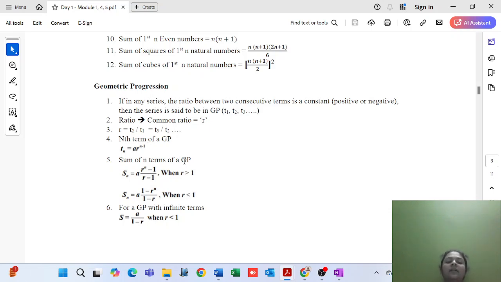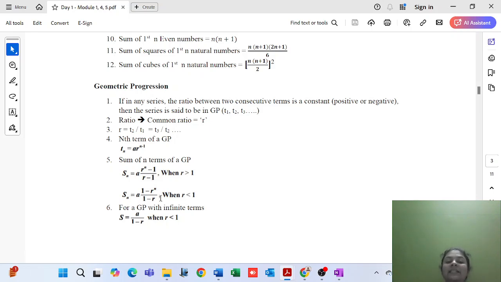Now if you look at the sum of n terms of a GP, there are two formulas. Where R is greater than 1, meaning R is any value which is more than 1, the formula is A into R power n minus 1 divided by R minus 1.